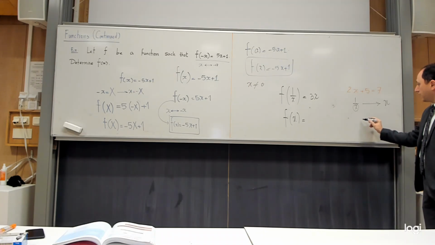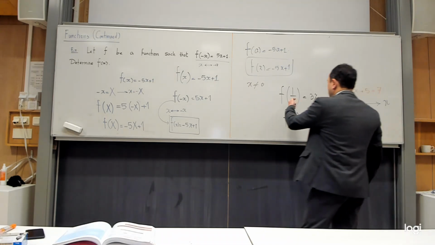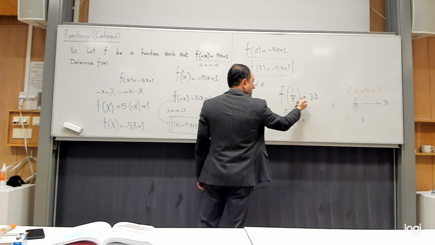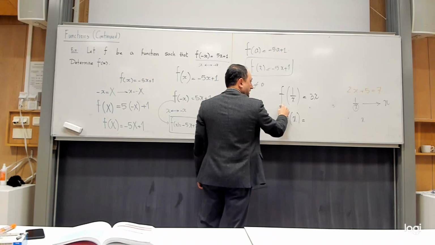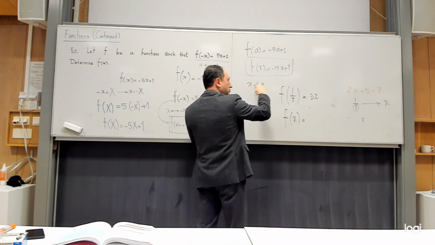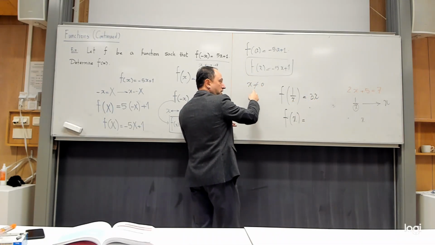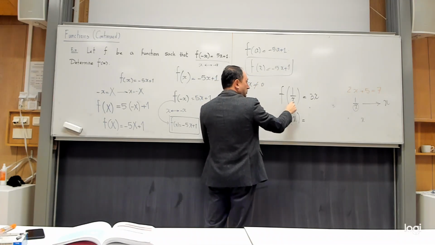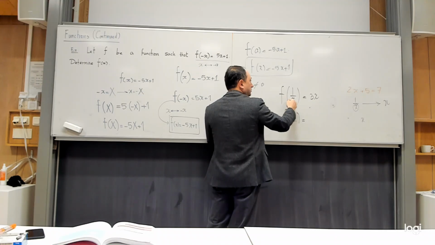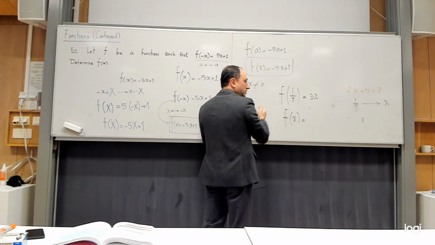Yes? So if I change x to 1 over x, you see, when you see an equation for a function, it means that this equation is valid for whatever you choose for x, if you choose x in the right domain. So assuming that x is not 0, it means that this equation is valid for all numbers except 0.